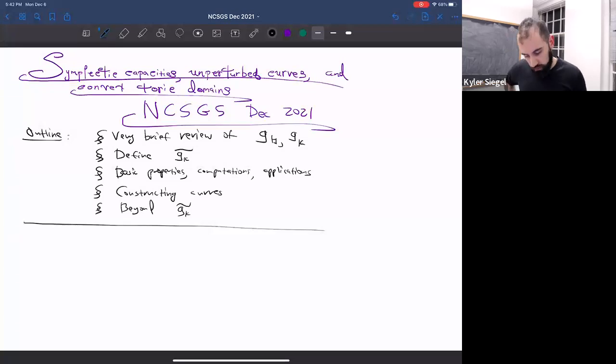Okay, so let me start with this general high level picture. So let X be a Liouville domain of any dimension.